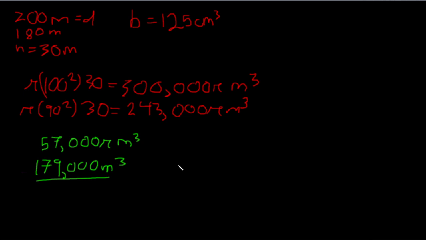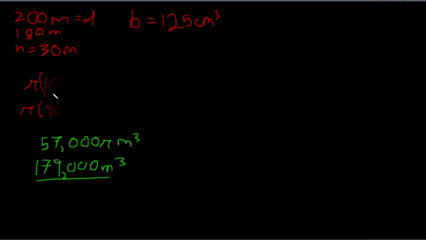If each brick is, as we set up here, 125 cubic centimeters, first off, how many cubic centimeters are in a cubic meter? There are 100 centimeters per meter, so that means 100 by 100 by 100, which is 1,000,000 cubic centimeters per cubic meter.